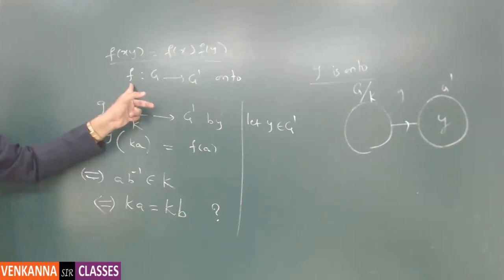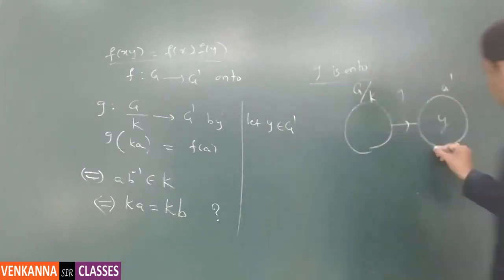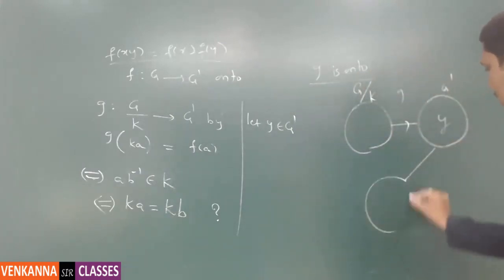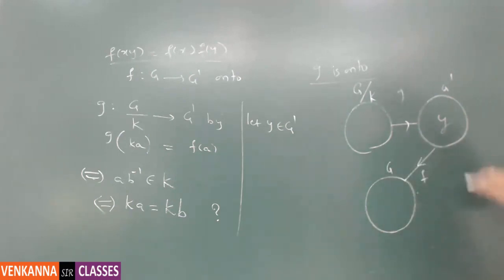Accepted? So for every element in G dash, you will get an element in G, because the function f is there.